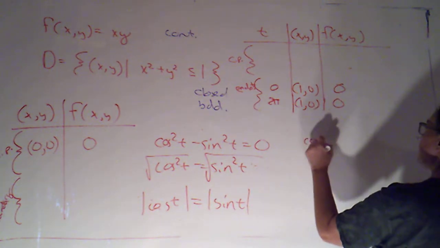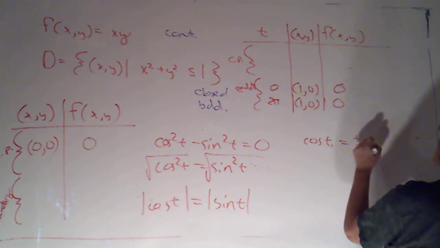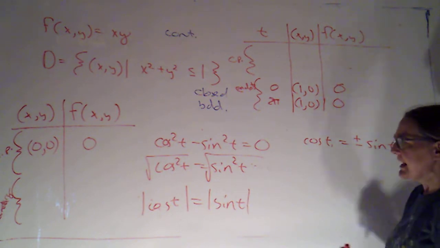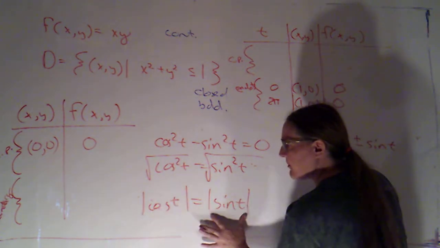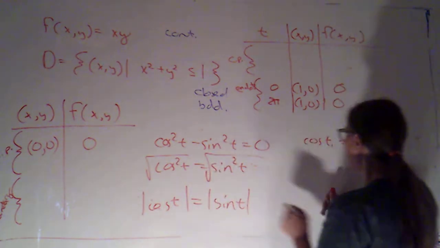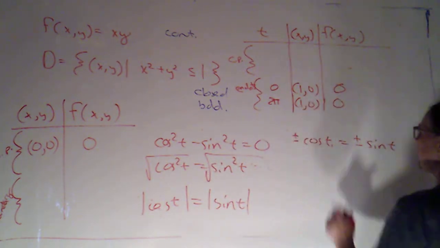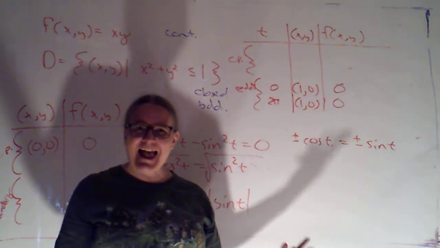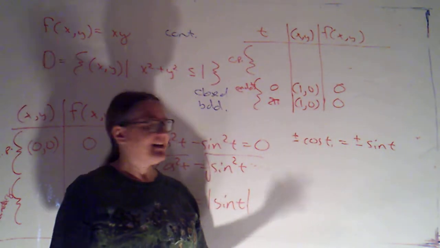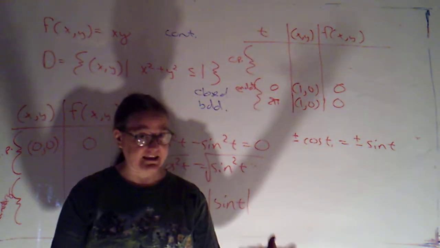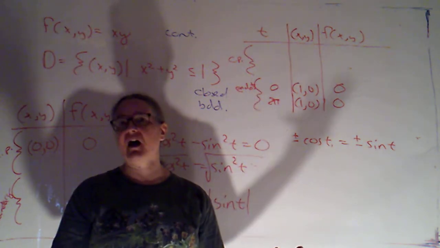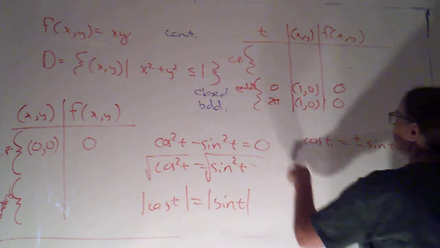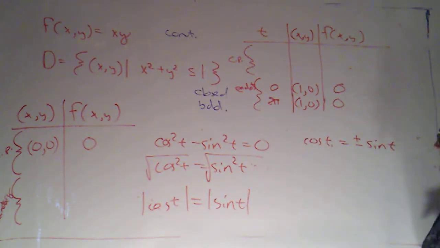So cosine of t is plus or minus sine of t. Now, students sometimes say, why don't you have a plus or minus on both sides? Well, I could, but if I say plus or minus cosine t is plus or minus sine t, that gives me exactly the same two options. Either cosine and sine are the same number, or they're the opposite number. So I only need to write the plus or minus once.